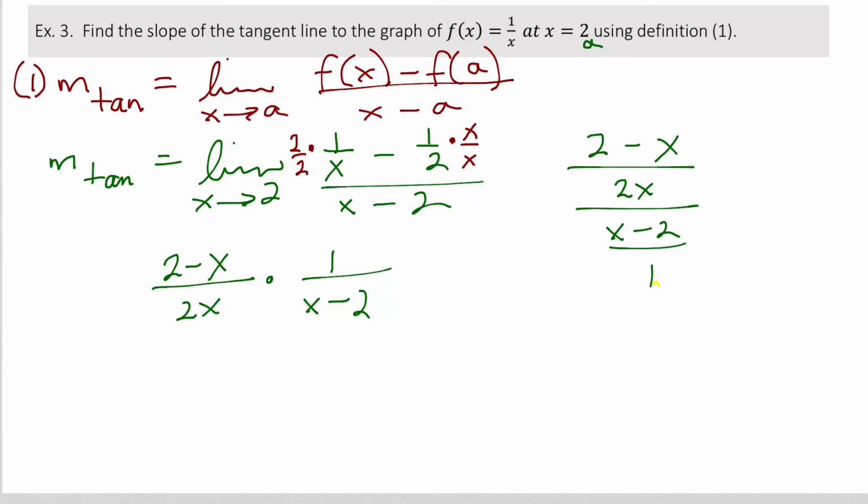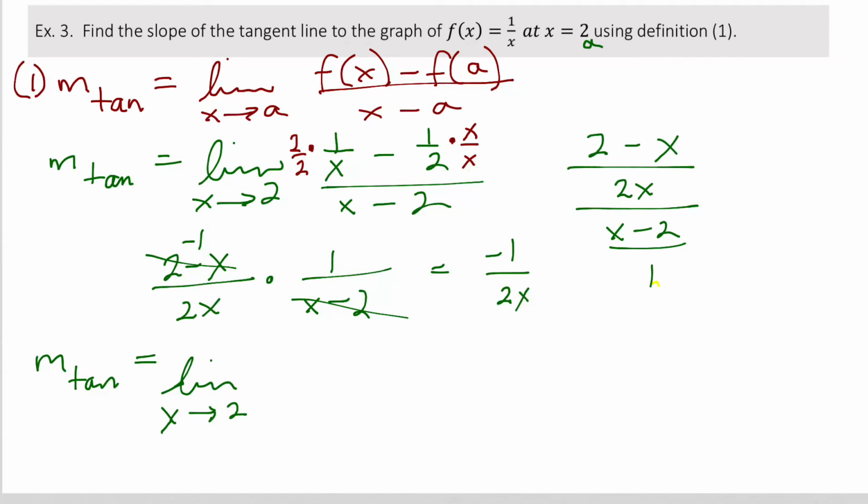All right, so remember we called these reverse factors. These will cancel, but you're left with a negative here. So we've got negative 1 divided by 2x. All right, so now we want to take the limit as x approaches 2, which we can now do because we won't get a 0 in the denominator, of minus 1 divided by 2x.